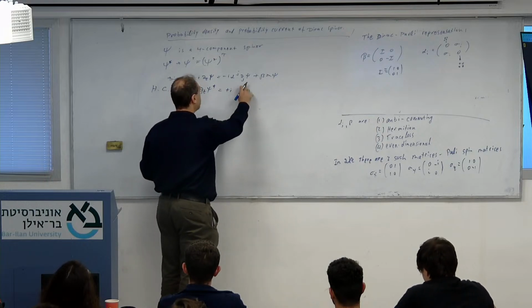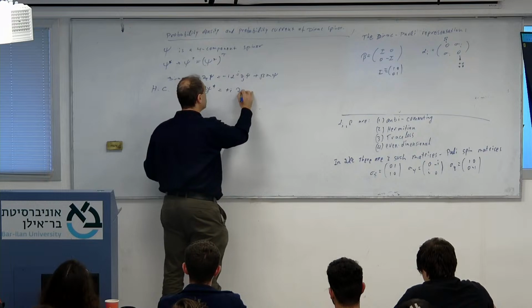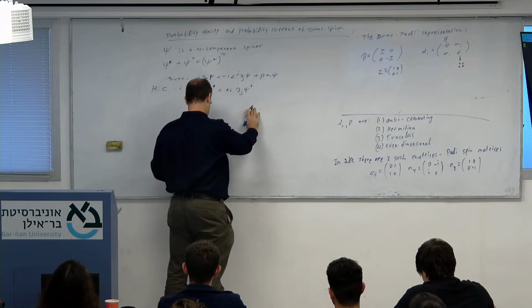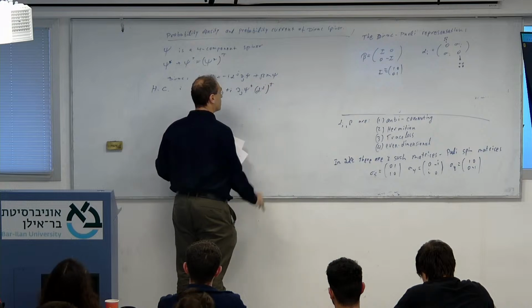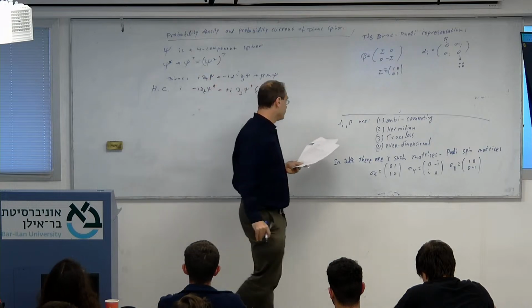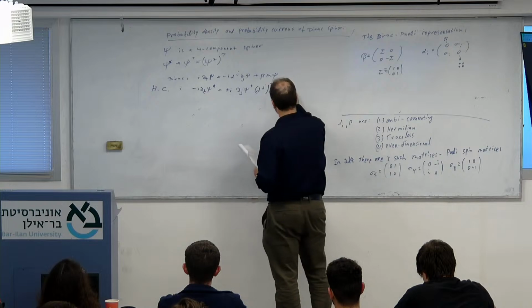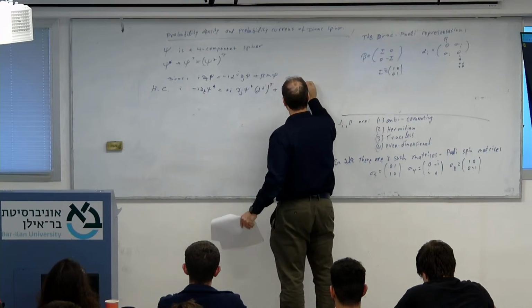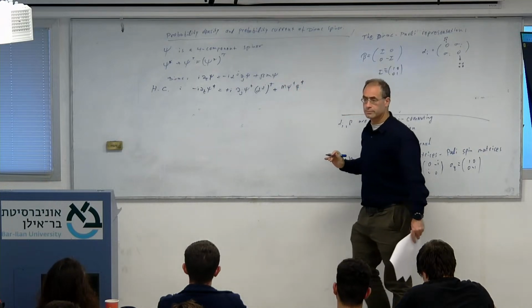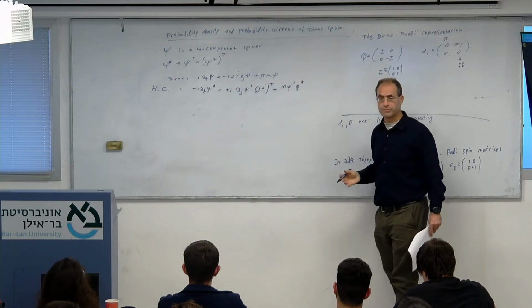Now I have to be careful a little bit because it will be d_j psi dagger and then alpha_j dagger, plus m psi dagger beta dagger. Make sure to reverse the order.